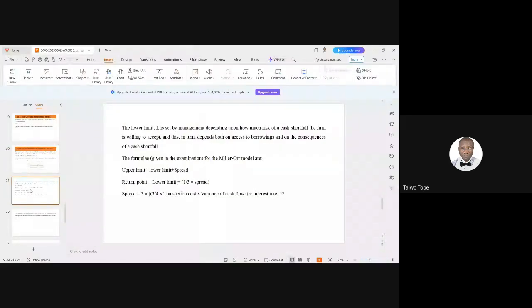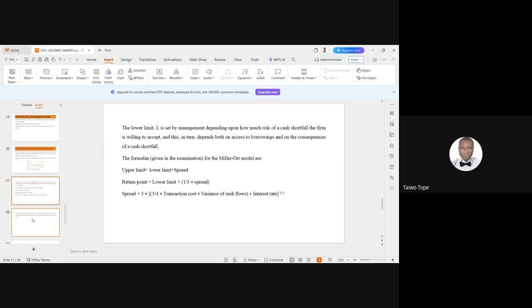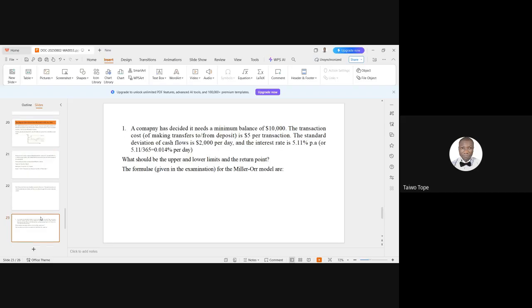So you must make sure you work based on days or based on years, whichever you want to work with. You don't put some values in days and some in years. You will not get the right answer. So if the question provides you with standard deviation of daily cash flows, you will need to square this number to obtain the variance. Take note.